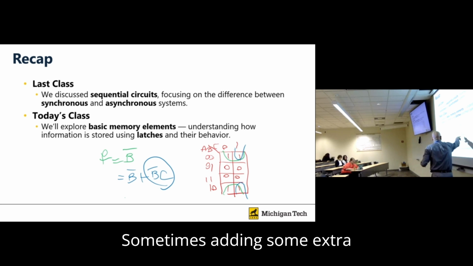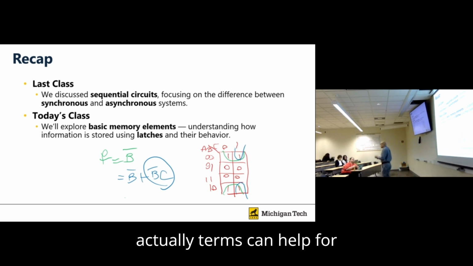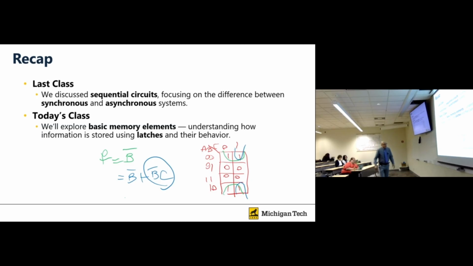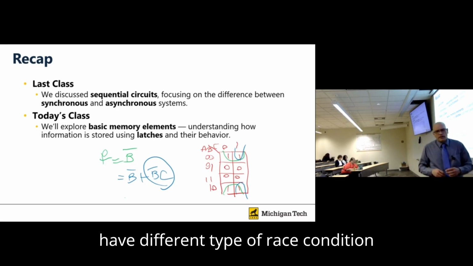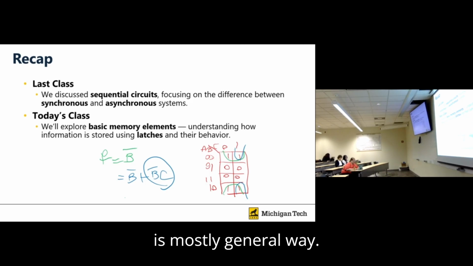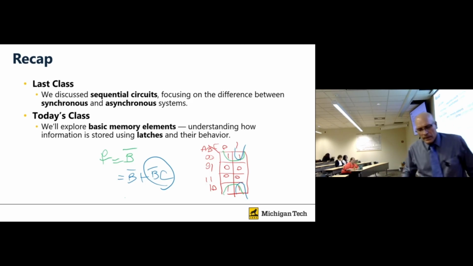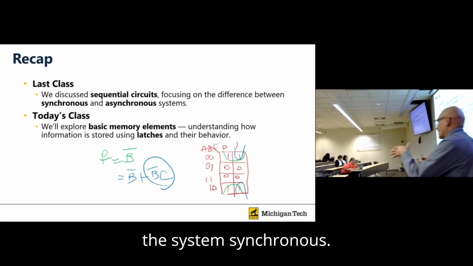Sometimes adding some extra terms can help with solving the race condition. We have different types of race conditions and hazards, but this is one of the mostly general ways. But the best way is to use a clock and make the system synchronous.